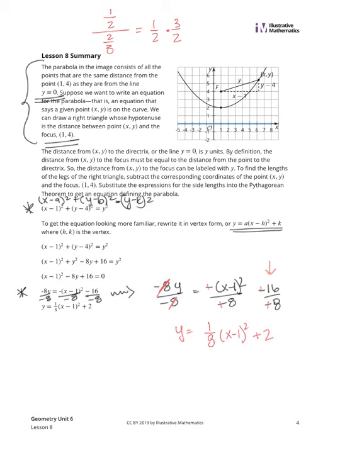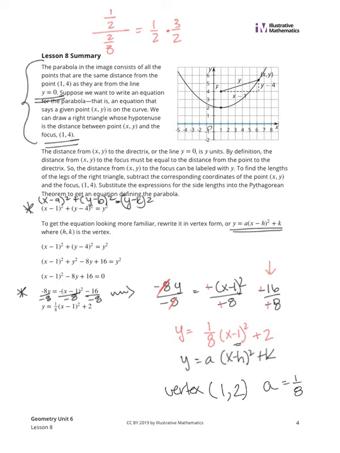It's just the way we write it, because now it's in this y equals a times (x minus h) squared plus k form. So I know that the vertex of this one would be at (1, 2). I've got to think the opposite with the number in the parentheses. And I know that my a value is 1/8.